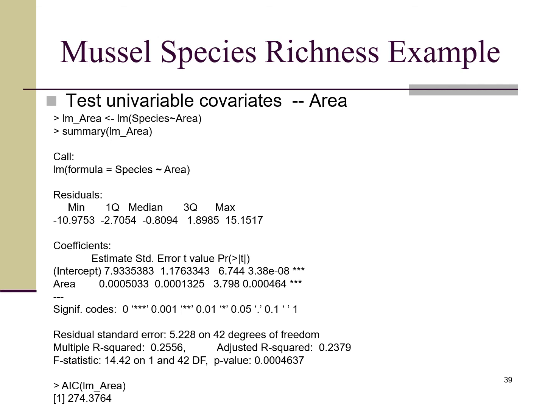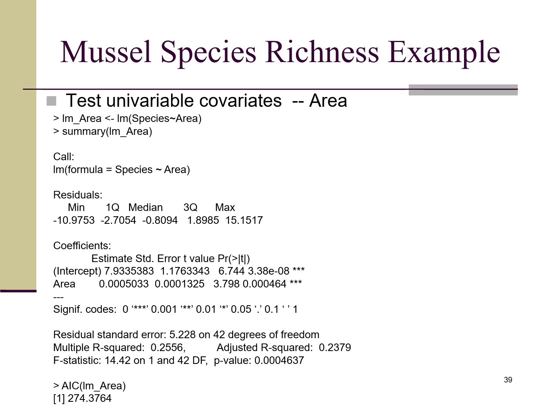So let's test the covariates one at a time. Again, we're going to create a model using LM, linear model, and we're going to start with species as a function of area and do the summary. Going down almost to the bottom, the R squared there is going to be 0.2556.